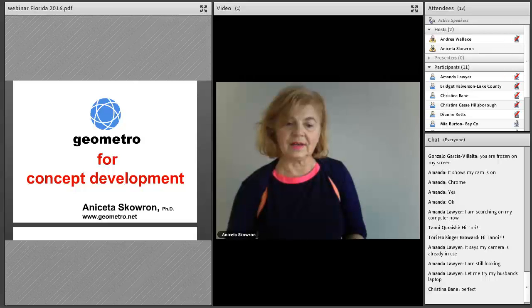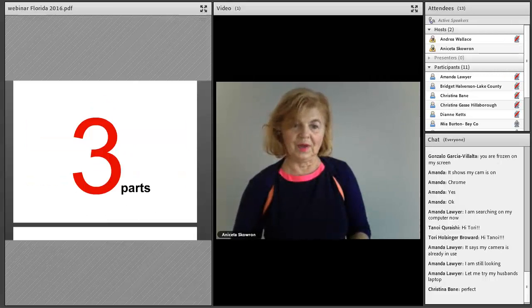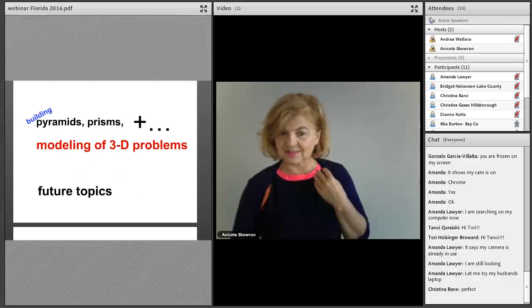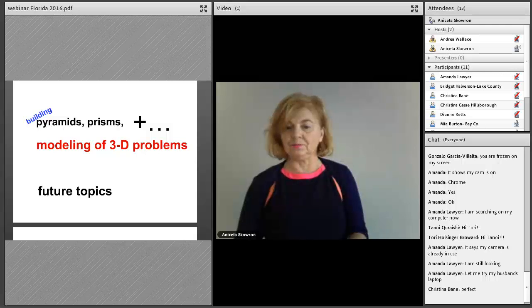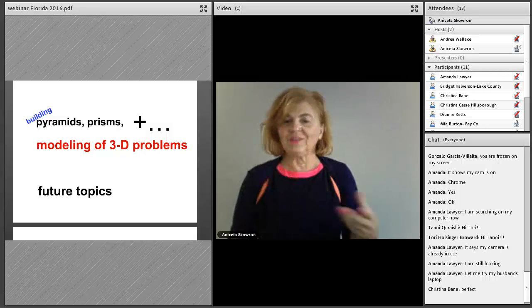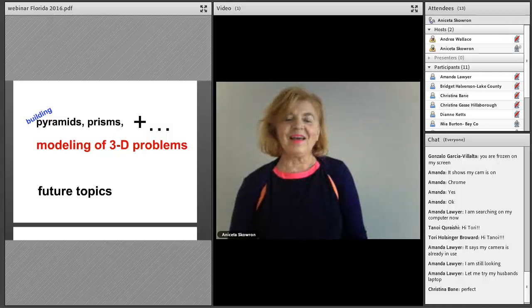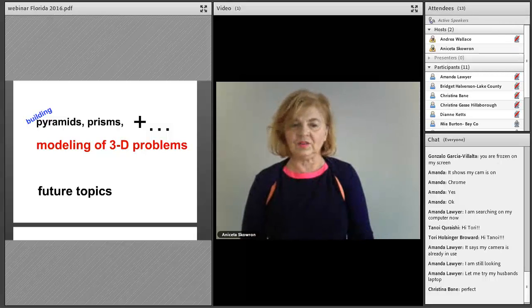So here is the plan for the workshop. We are going to have 3 parts. First, we are going to build some pyramids, prisms, and maybe something else, depending on how timely we can do that. Then the major and most important part of the webinar will be modeling of 3D problems and concepts.